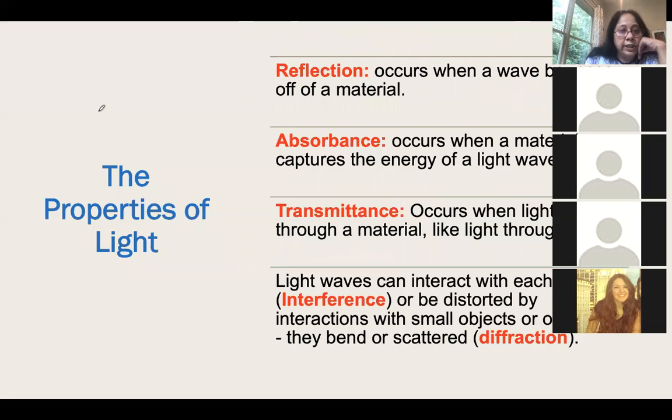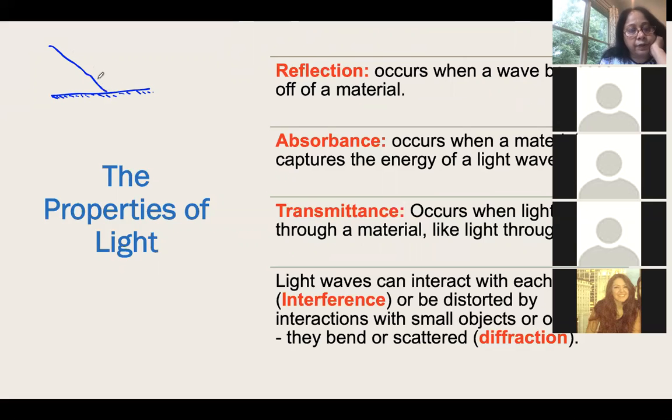So let's say this is one surface, and light rays are falling on this surface. Few things can happen. It can bounce back, or this light can completely pass through the surface, and our medium is over here.